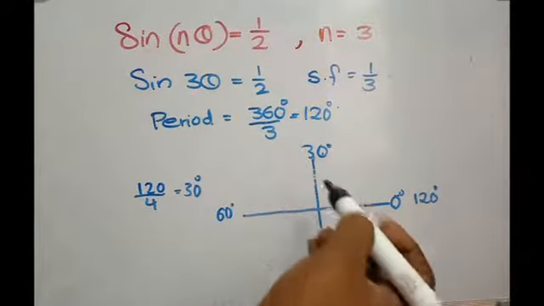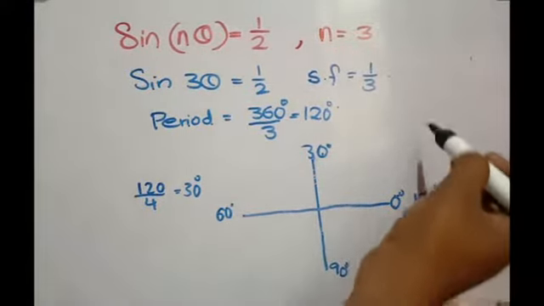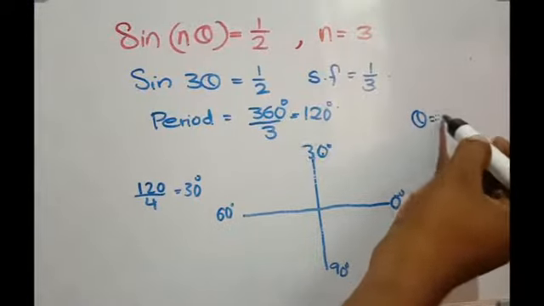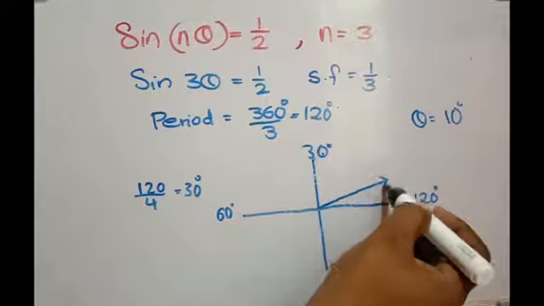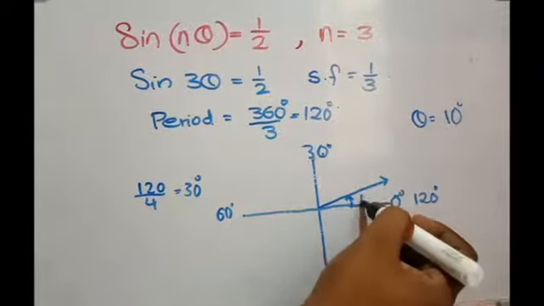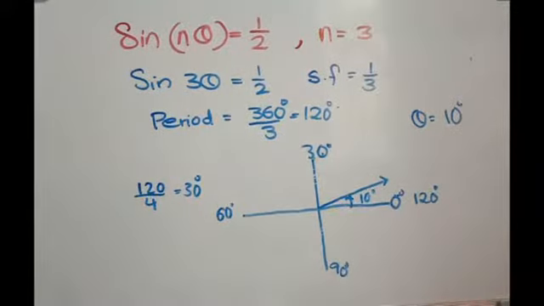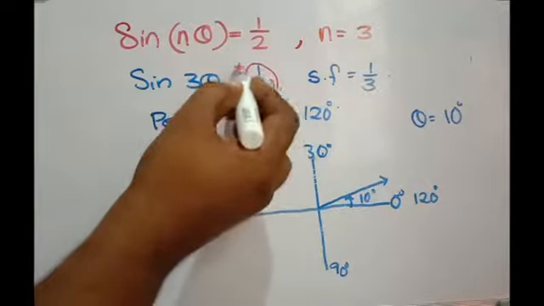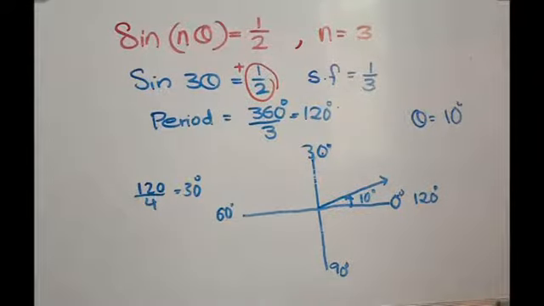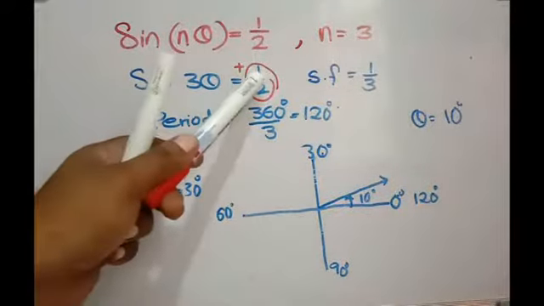Okay, you know the smallest angle given in this question was 10 degrees. That comes here, 10 degrees. And that is the reference angle for this question. And sine 3 theta is 1 by 2. Sine is positive because 1 by 2 is a positive value.